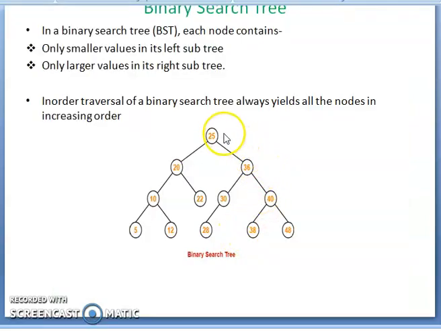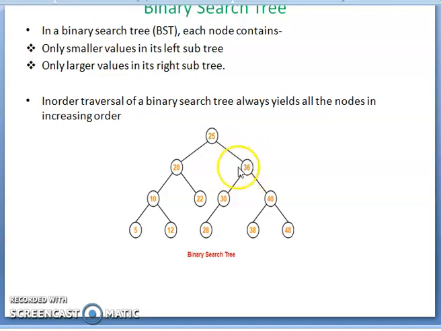For example, if you want to add 32 to this tree, 32 is greater than 25, you move to the right side. Or otherwise, suppose you want to add the value 50. 50 is verified with the 25. 50 is greater than this one, move to the right.